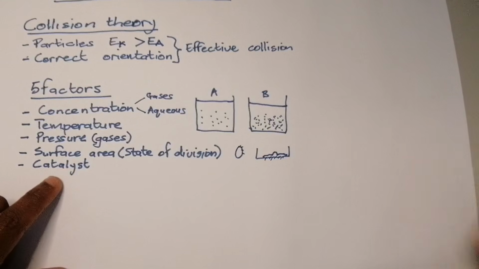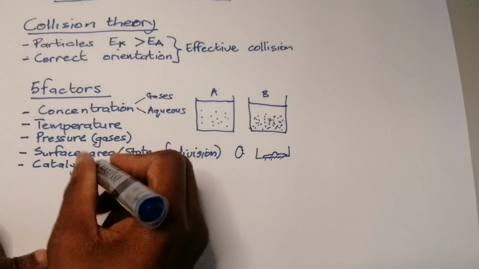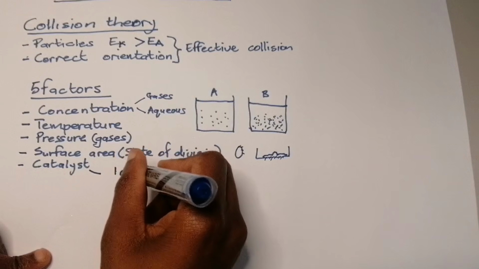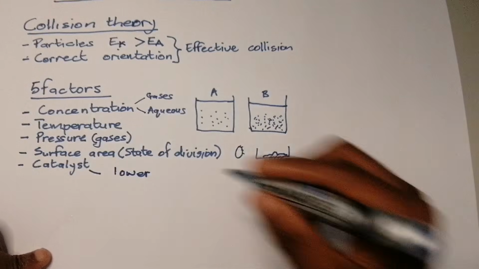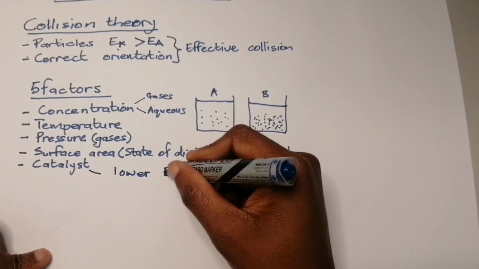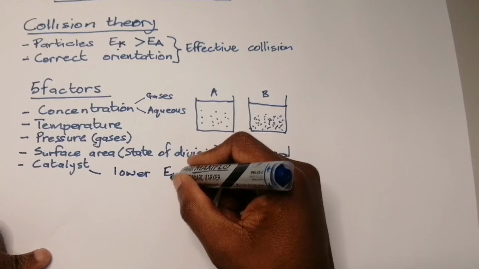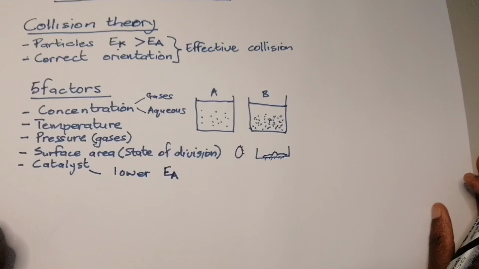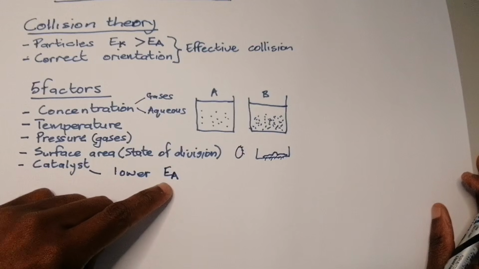So what a catalyst does is that it lowers the activation energy. I want you to remember that. Did I say kinetic? It lowers the activation energy of a reaction, so it lowers the minimum energy required.